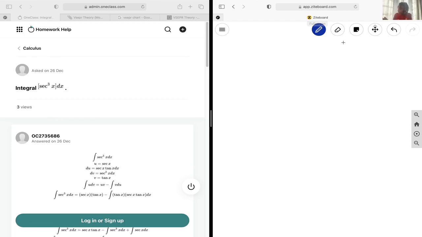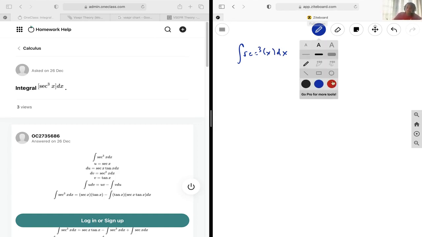So next up, we will want to find the integral of secant cubed x dx. Okay, so in order to find that, again, we will be using integration by parts.